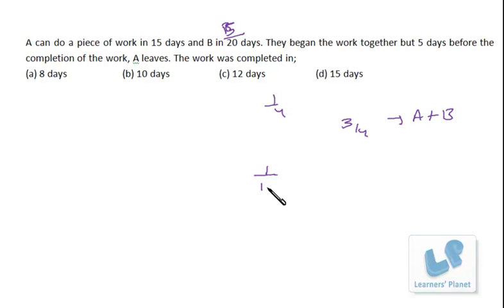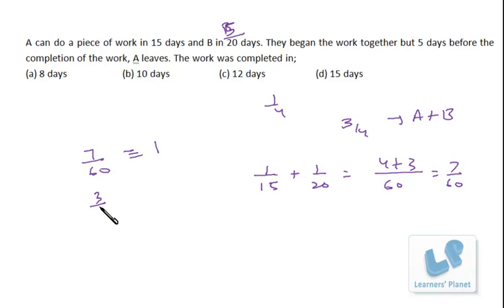Now A is doing 1/15th of the work per day. B is doing 1/20th of the work per day. So it's 7 by 60 of the work per day that is being done when A and B work together. But they have to do just 3/4 of the work. So if 7 by 60 of the work takes 1 day, that means 3/4 of the work will take 45 by 7 days.